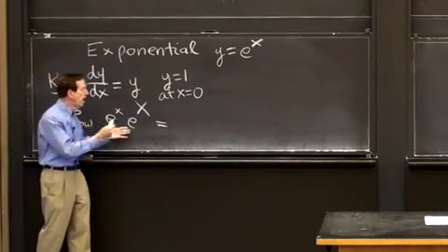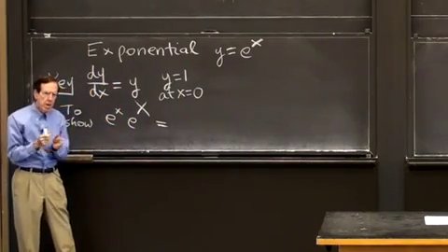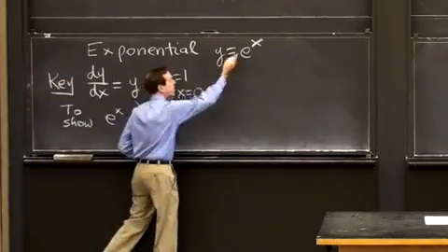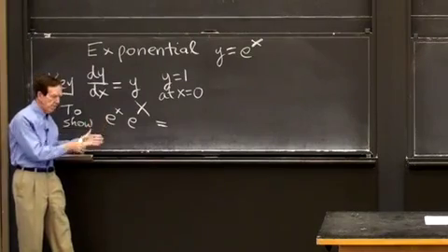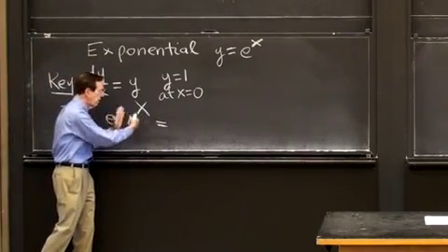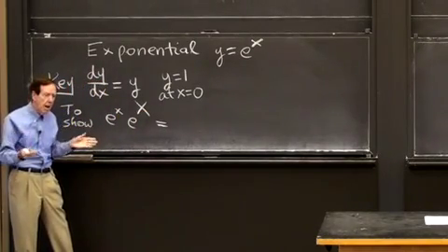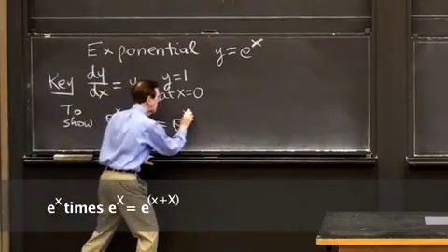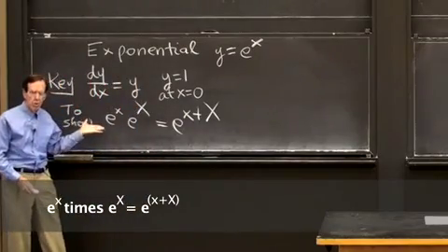This has got to come out of the construction, out of this property. But we want this to deserve to be called some number to the x power. If we take some number x times and multiply it by that same number, capital X times, then we've got that number how many times? x plus capital X. So that's a key property to be proved.